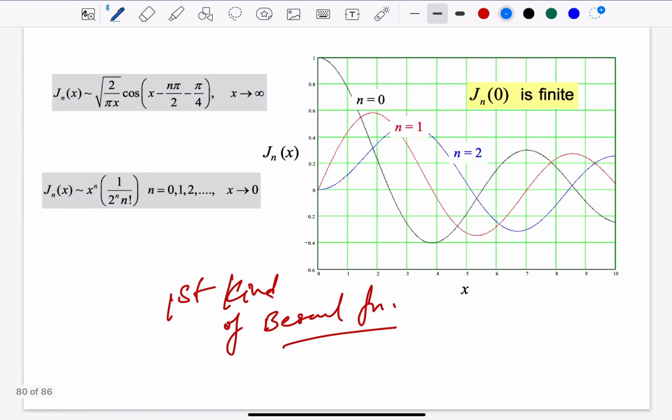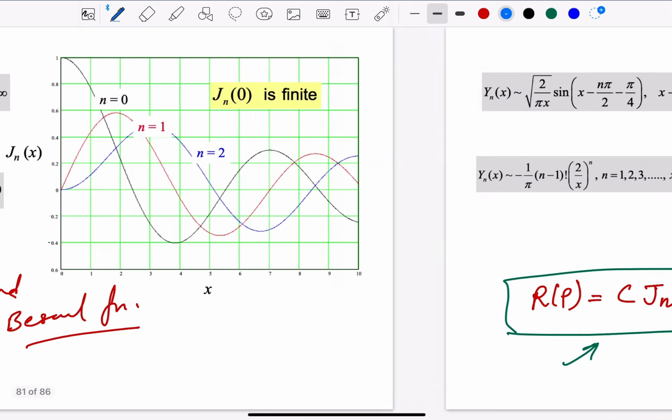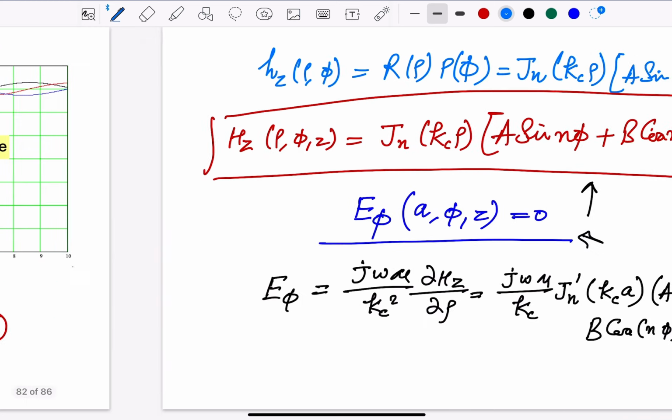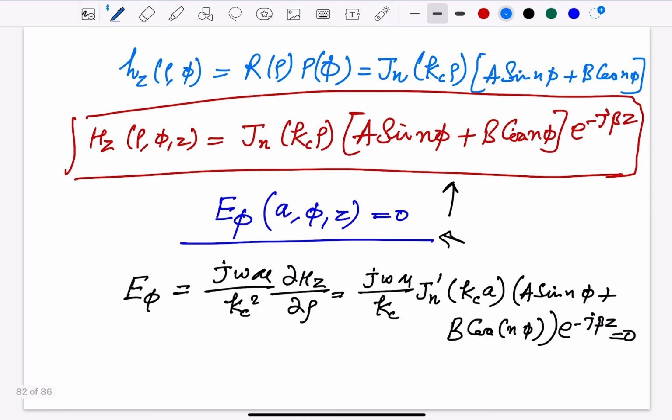It was very important to note that Yn at 0 is infinite, which is not physically acceptable here. So to remove this, the constant d should be 0. Finally we arrived at the overall HC here.